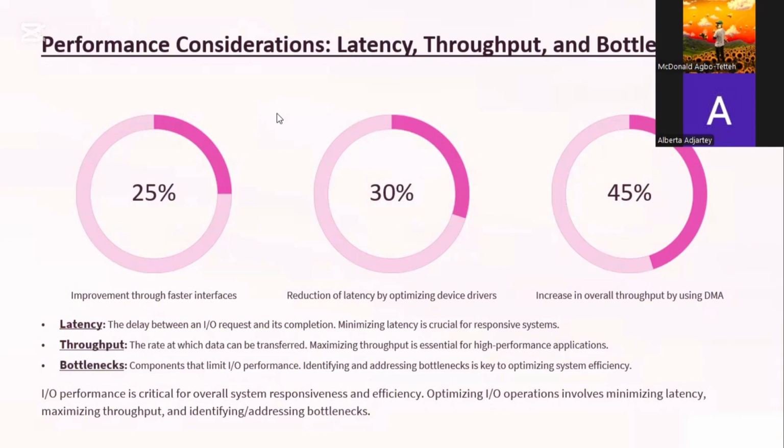Also, bottlenecks, components that limit the input and output performance. Identifying and addressing bottlenecks is key to optimizing system efficiency. So the input and output performance is critical for overall system responsiveness and efficiency. Optimizing input and output operations involves minimizing latency, maximizing throughput, and identifying and addressing bottlenecks.